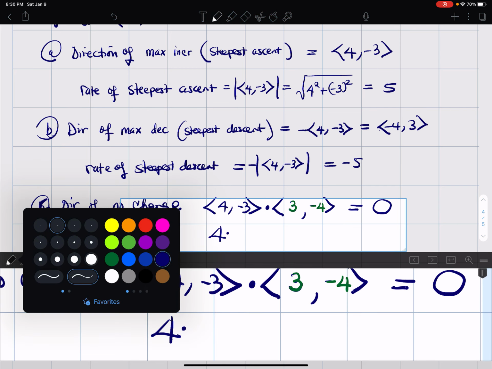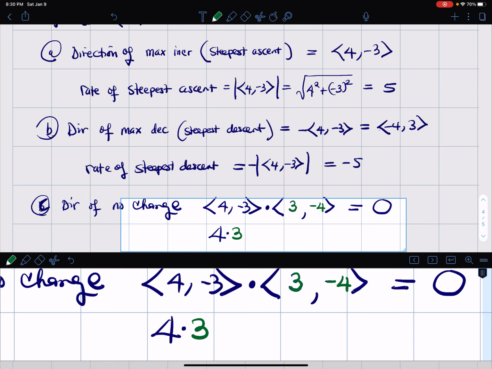It's not magic. You just want 4 times 3 plus negative 3 times... no. I'm going to switch it. I'm going to put negative 3 here, and leave that as 4.